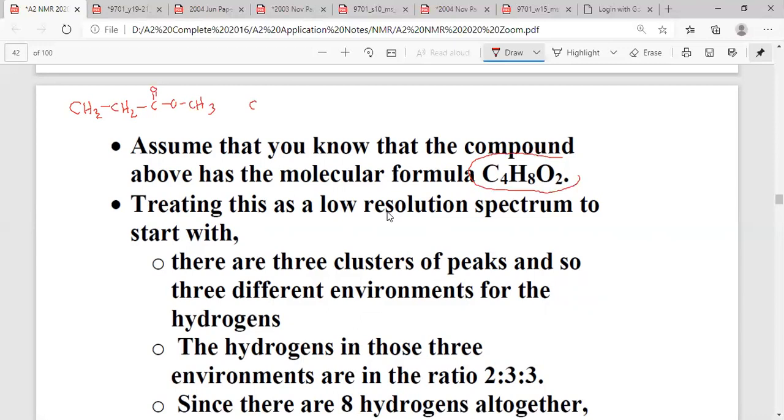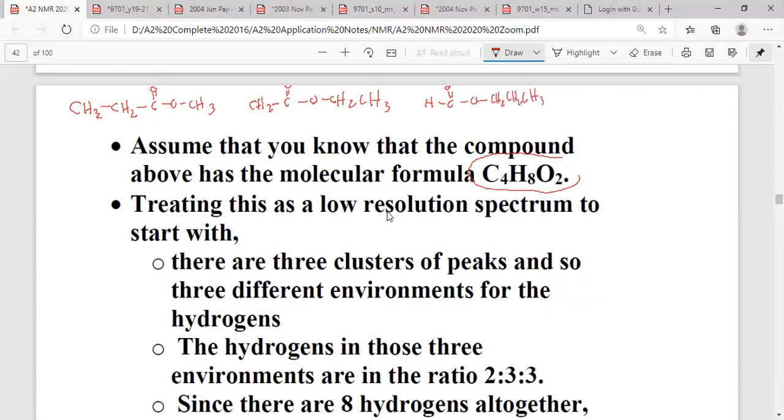Or it can be CH3, C double bond O, O, CH2, CH3. Or H, C double bond O, O, CH2, CH2, CH3.